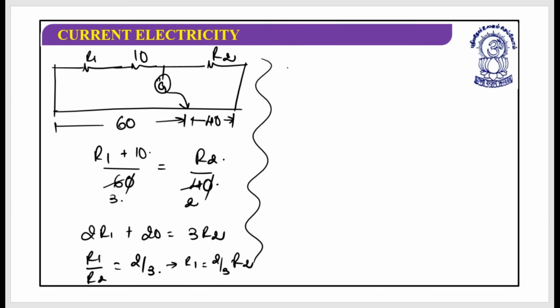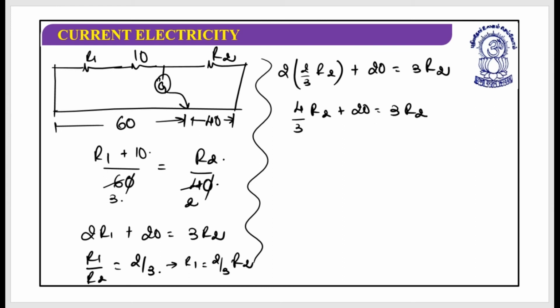So that should be 2 into 2 by 3 of R2 plus 20, equal to 3 R2. So this is 4 by 3 R2 plus 20, equal to 3 R2.